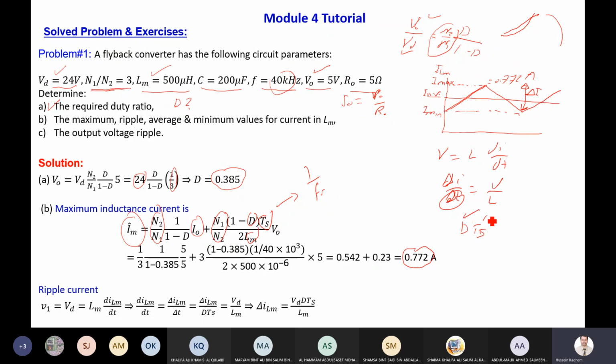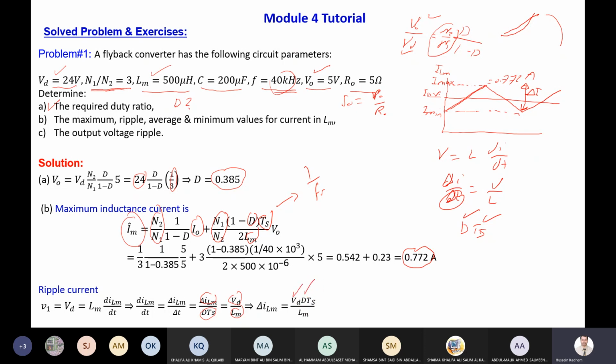I calculated TS because I have FS. So I use, as you can see here, delta I over delta T, which is DTS, equal to the voltage across the inductance divided by the inductance value. So cross multiply: I have VD, which is 24, given in the question.